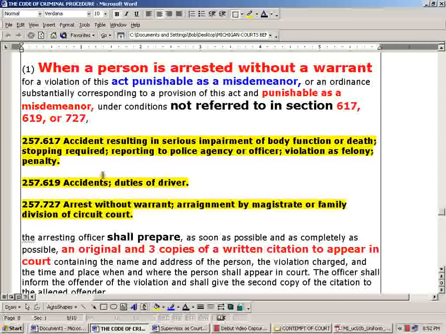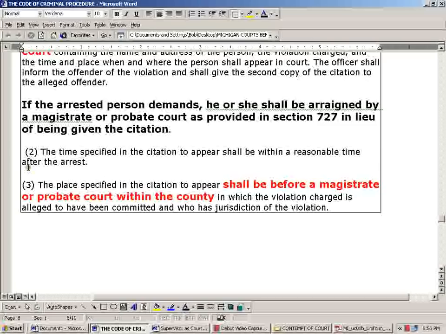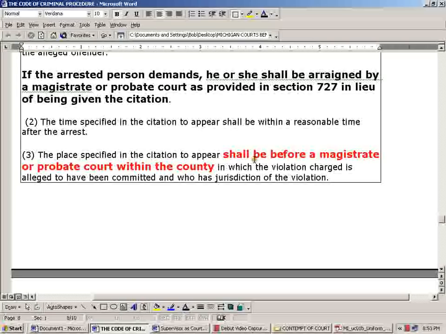Okay, so if it wasn't a serious impairment, and you did the duties of the driver and arrest without warrant, arraignment by magistrate, the arresting officer shall prepare as soon as possible, as completely as possible, an original and 3 copies of a written citation to appear in court before a magistrate or probate court within the county.